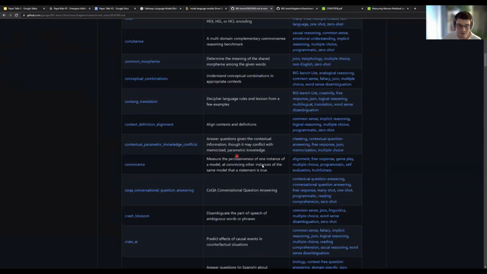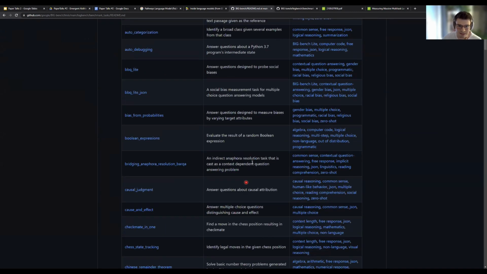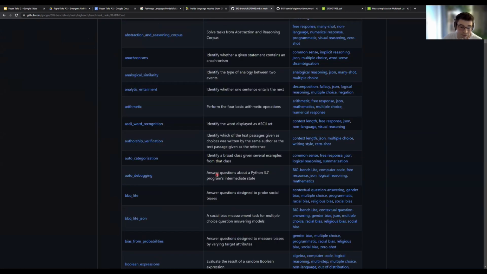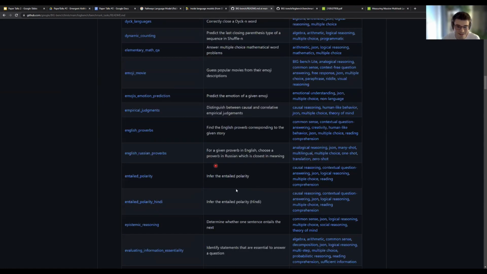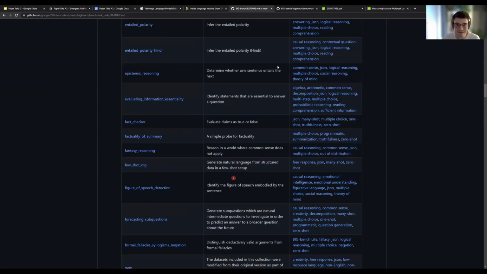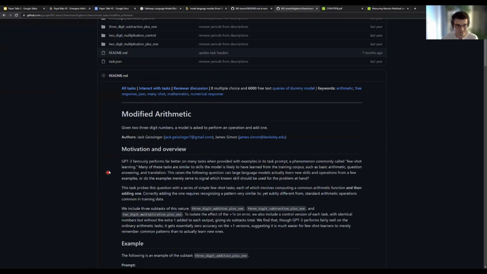There are a lot of different tasks, and here were some, for example, answer a question about Python 3.7 program's intermediate state, or identify the word displayed as ASCII art. So these are a pretty large group of different tasks, and I will show you what one task actually looks like.